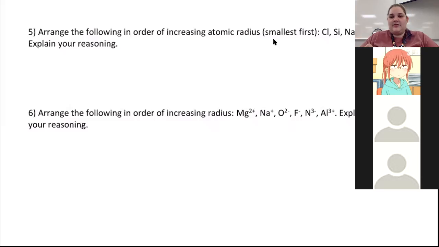Compare the protons that the atom has to the electrons. Because, for example, you have something that's a +2 and a +1, and you're like, well, they're both positive, so how do I know which one is bigger or smaller? Well, compare their effective nuclear charge. So look up their atomic number on the periodic table, and then subtract how many shielding electrons they would have. And the nuclear charges will usually tell you what order to put them in.